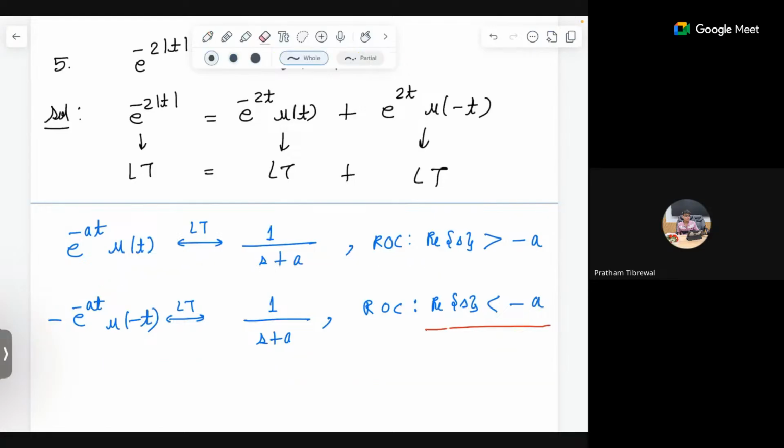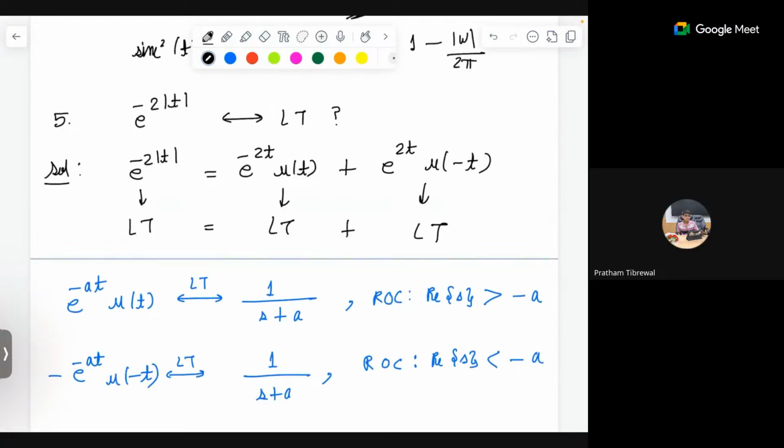So if you see, this is actually a two-sided signal extending from minus infinity to infinity. Are you able to see this, that it is a two-sided signal? Yes, ma'am. So from our discussion of the week 11 summary, if it is a two-sided signal, then the ROC will be a rectangular strip, and that is what we will get.